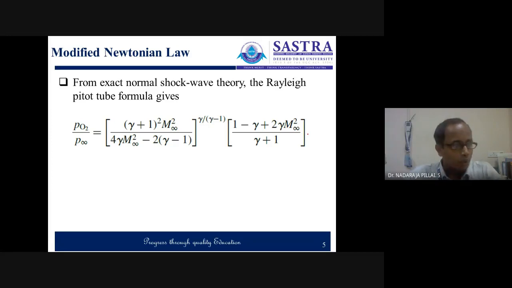We have already derived this in compressible flow based on the normal shock theory, and this is called the Rayleigh Pitot tube formula.